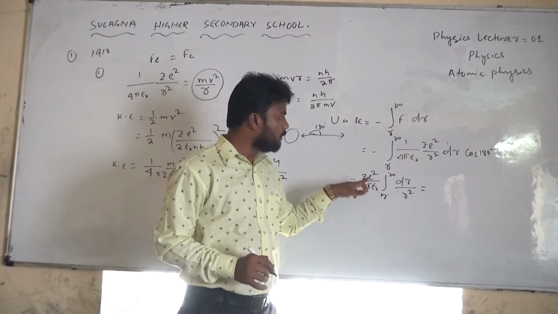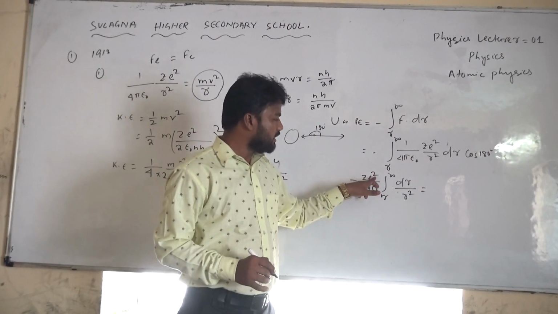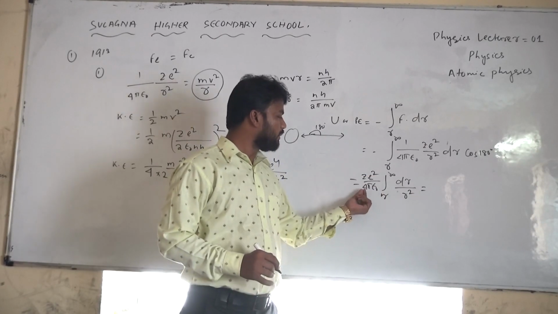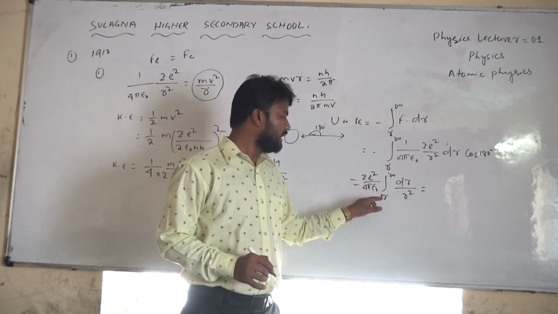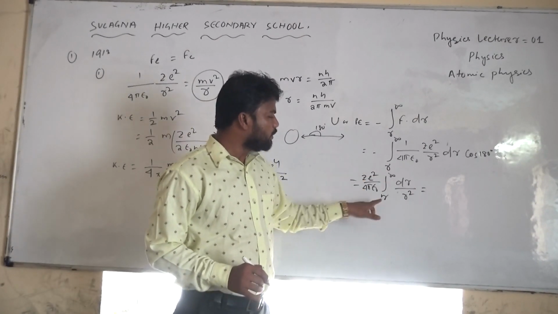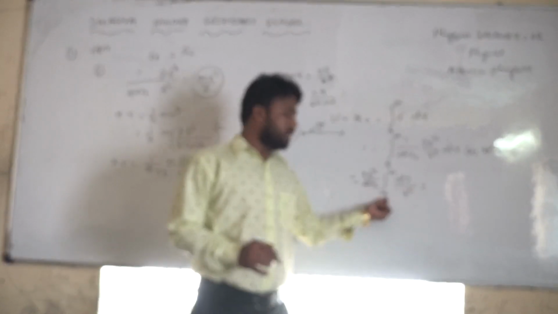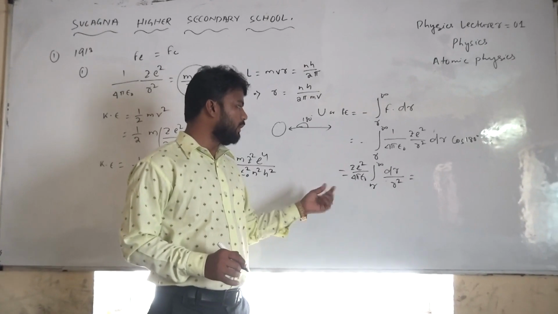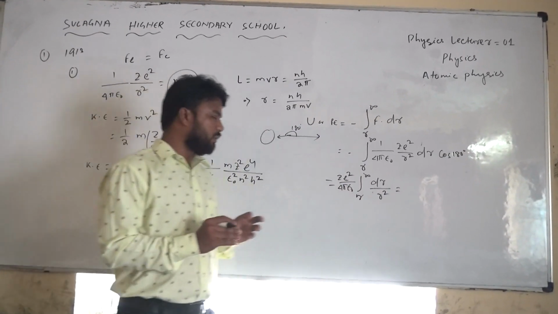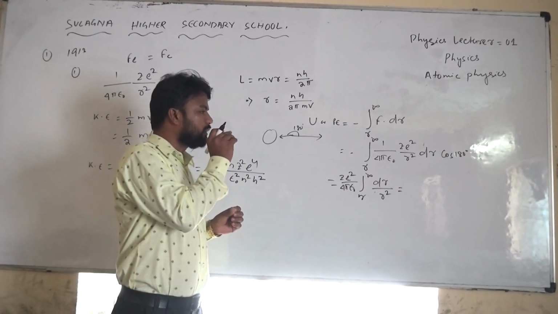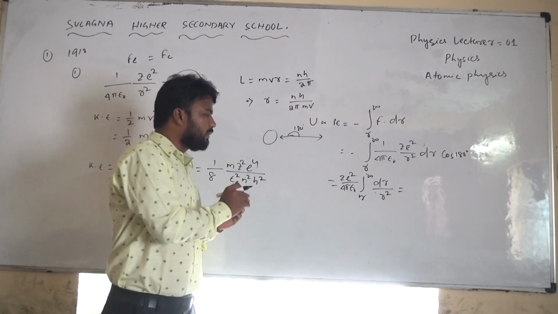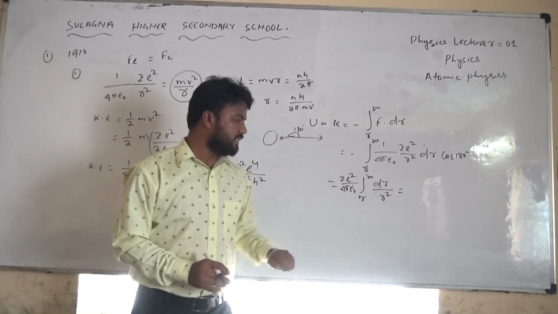The charge of the electron is a constant, 4 pi epsilon naught is also constant, and the range is from r, the distance from the nucleus, to infinity, through which the electron is brought.